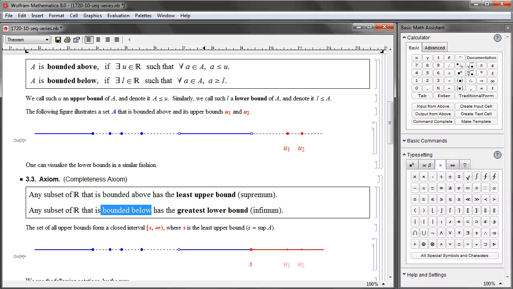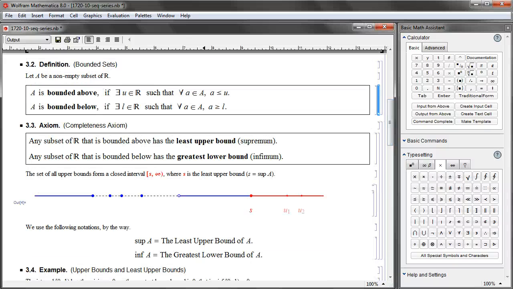Infimum always exists. But if it is unbounded, then that's a different story. And this blue set here, the set A, as you can see in this picture and that picture, this set A, this particular case, is unbounded below. So the greatest lower bound in this case is going to be negative infinity, which is not a real number.